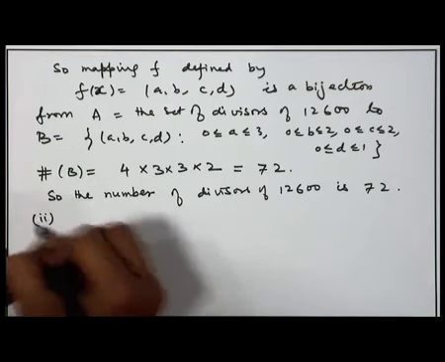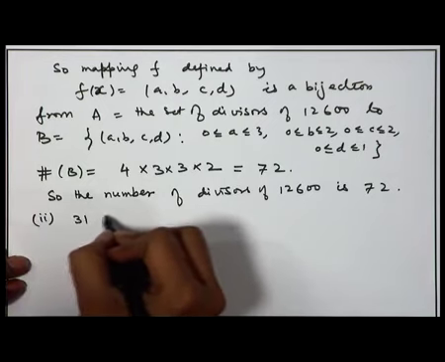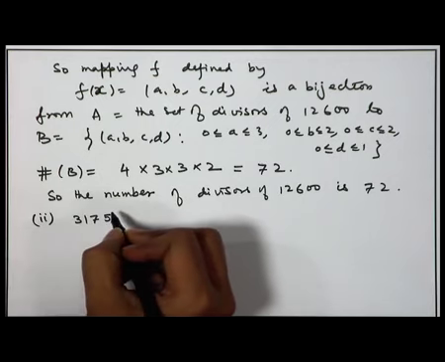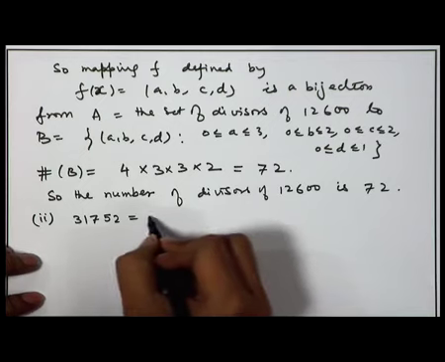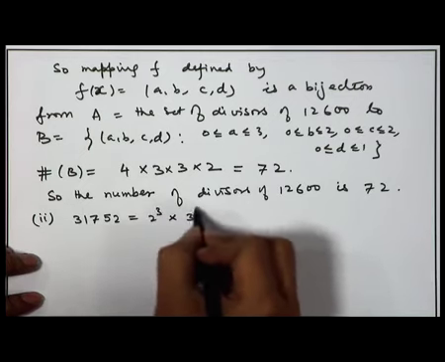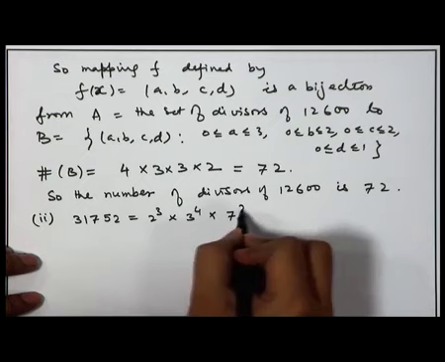Similarly, let us consider say 31,752. This number is 2 cube into 3 to the power 4 into 7 square.